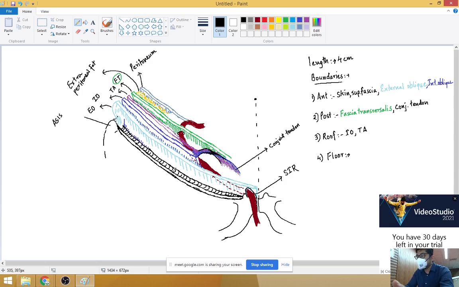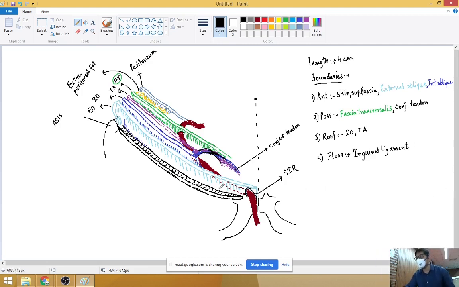The inguinal ligament, with its plate-like concave superior margin, is forming the floor here. So till now, is it understood?